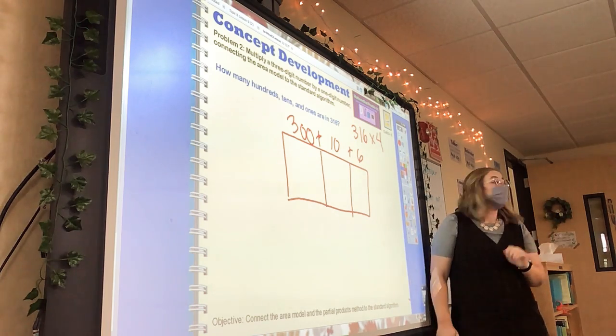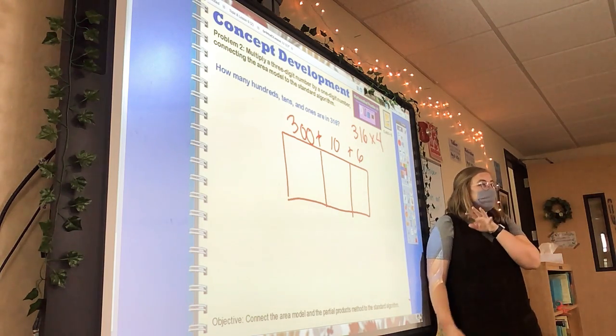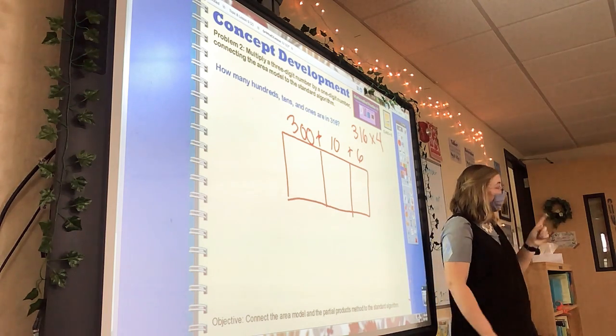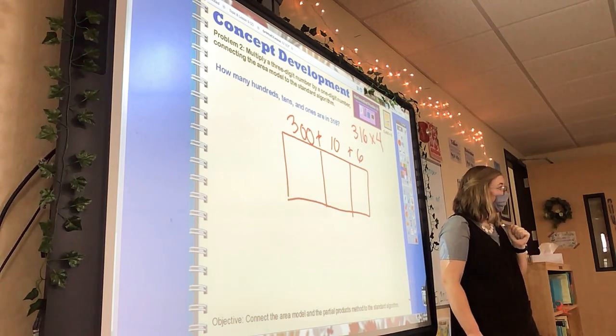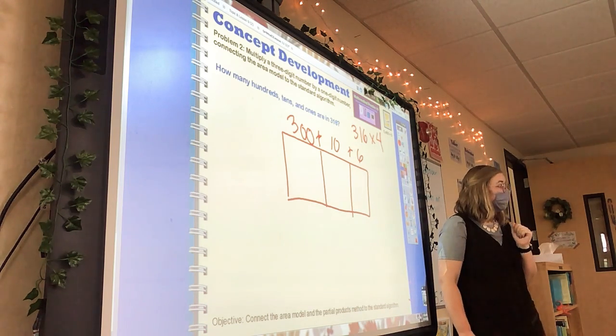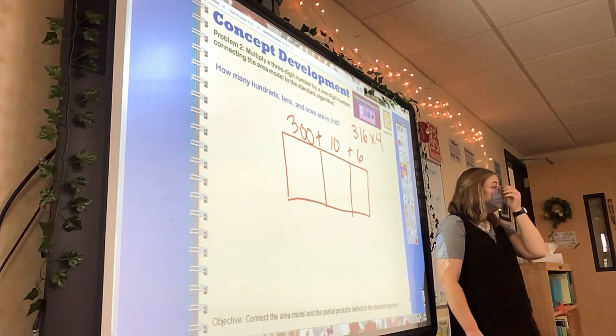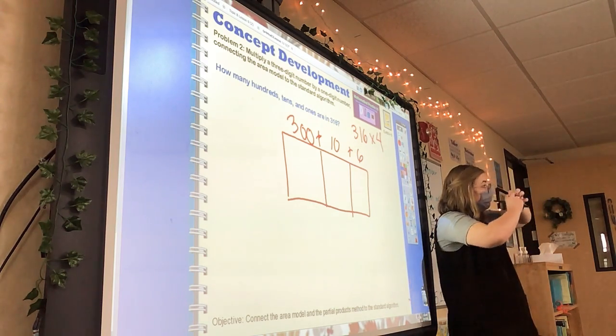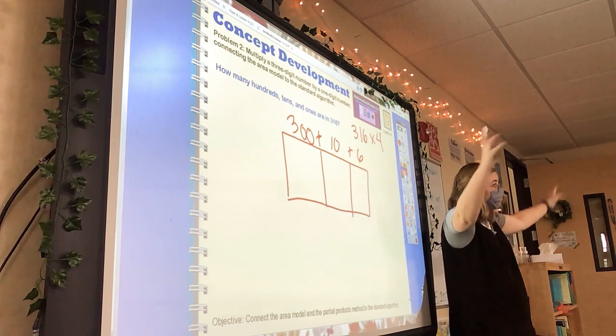Everyone good on this part so far? No. What questions do you have if your answer is no? I don't really get expanded form. You guys learned expanded form a couple months ago. Expanded form is where we pull a number apart into its place values, right?